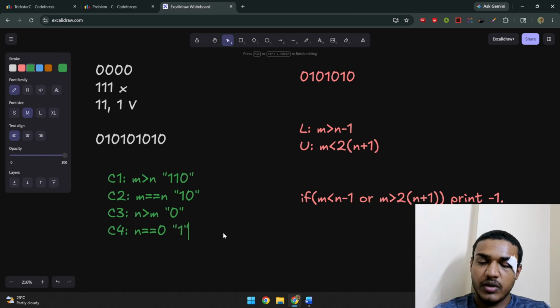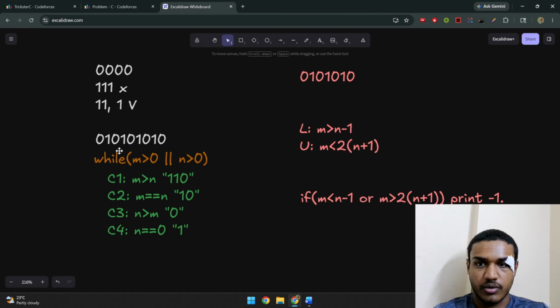Also, while we're doing this, we obviously need some sort of system that tracks how many m's and how many n's we have left, or how many zeros and how many ones we have left. So we'll write all of this in a loop, which would look like while m is greater than 0 or n is greater than 0, because either of these needs to be true for this to be ongoing.